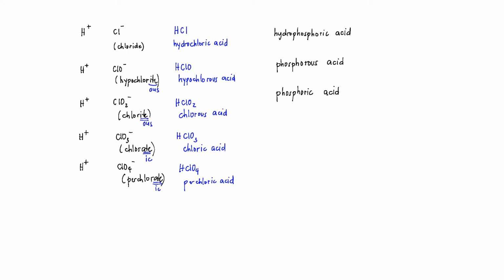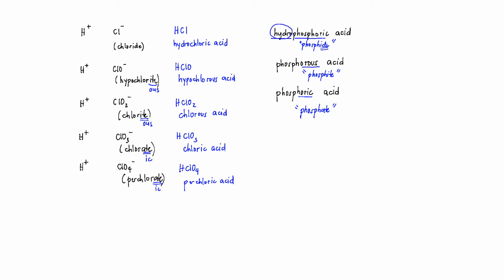Now, if it is phosphoric acid, take note that it will be coming from phosphate, right? And then from the phosphorous acid, that will be coming from phosphite. And from the hydrophosphoric acid, that will be coming from phosphide, because of the word hydro.